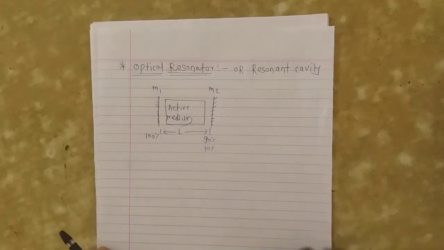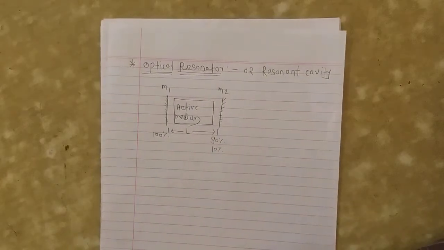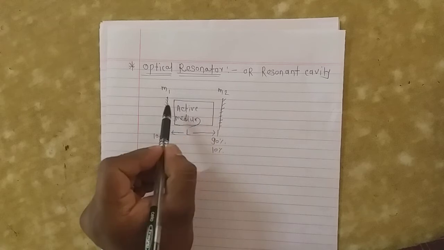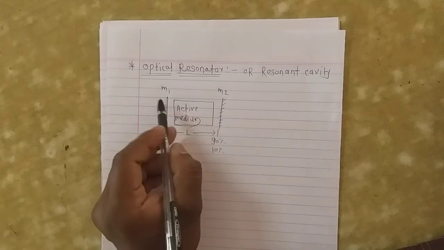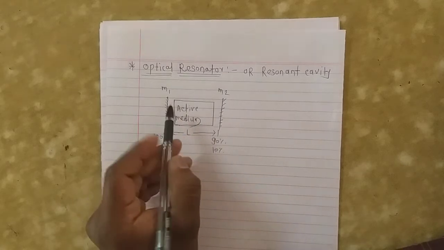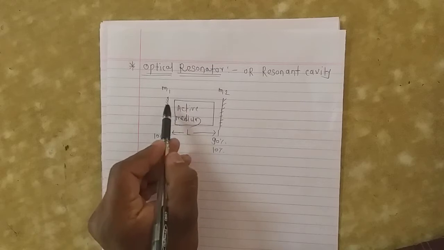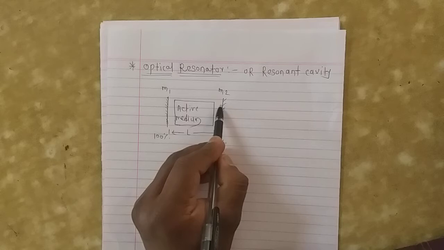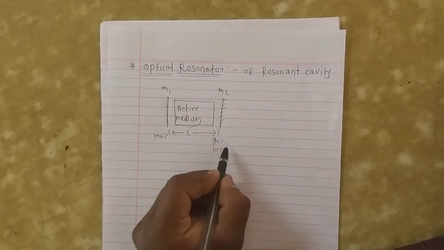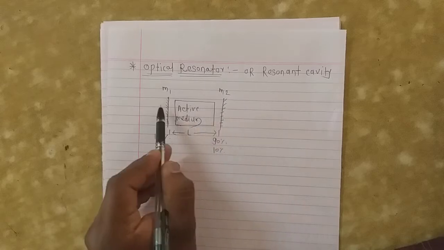In the optical resonator, the light is incident on mirror M1, which is a 100% reflector. That light reflects back and is incident on mirror M2, which is 90% reflector and 10% transmitted, and the light is again reflected back.